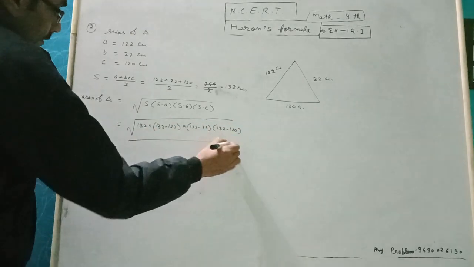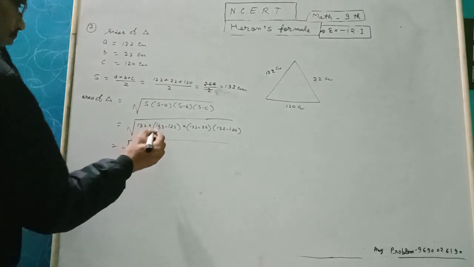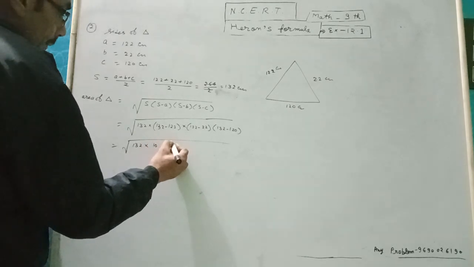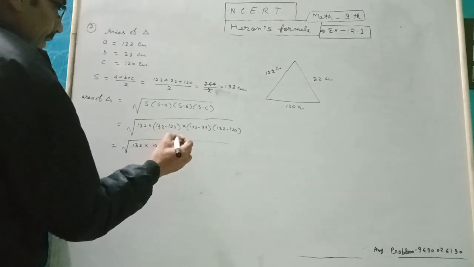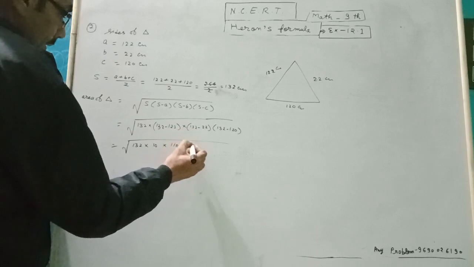After subtracting, under root 132 into 10 into 110 into 12.